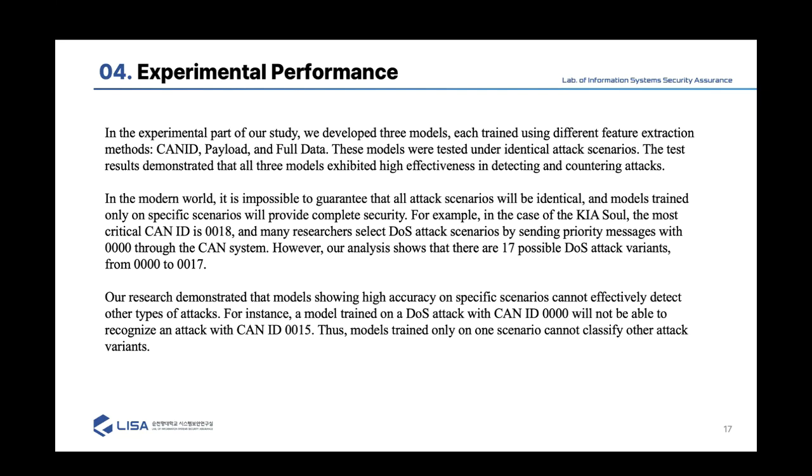We tested these models under an intentional attack scenario to ensure a fair comparison. The test results show that all three models were highly efficient in detecting and countering attacks.